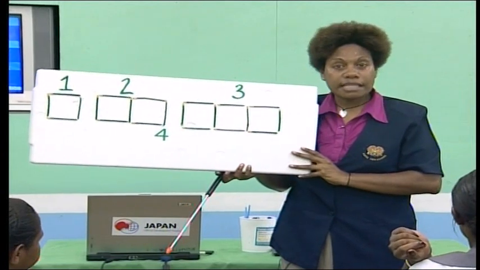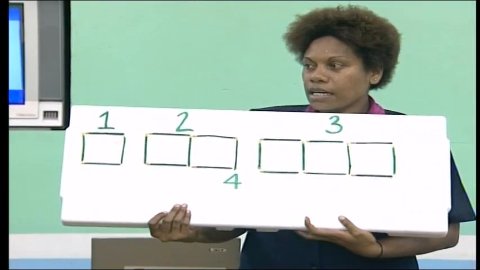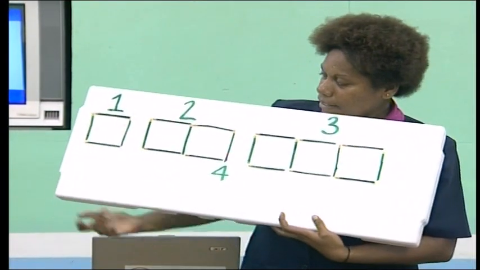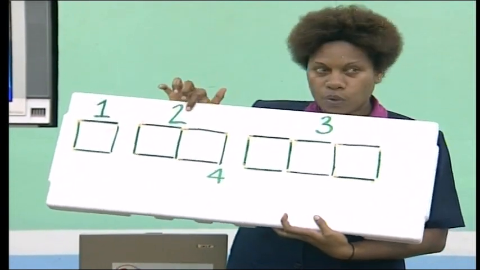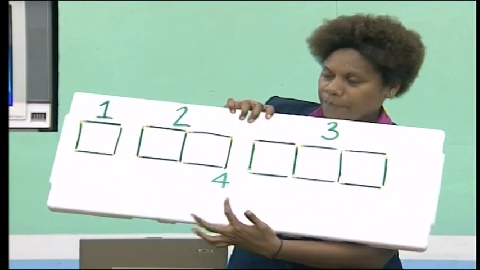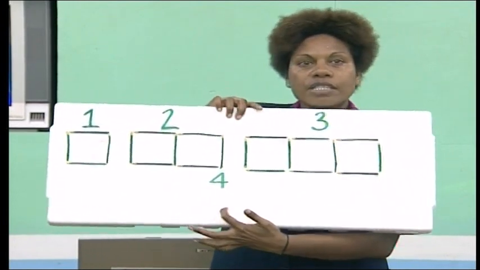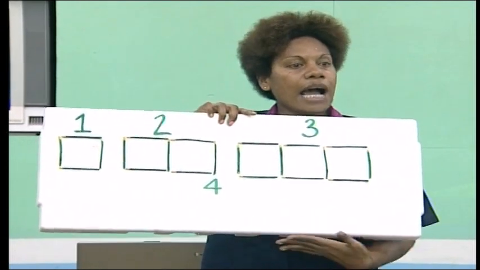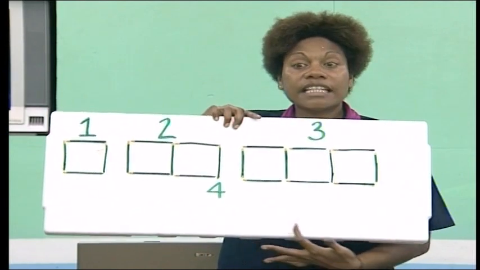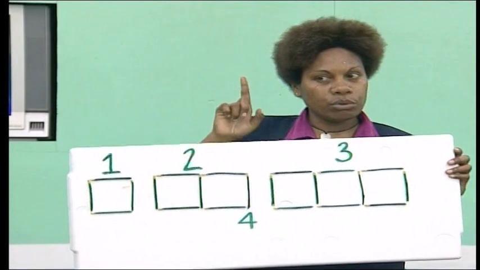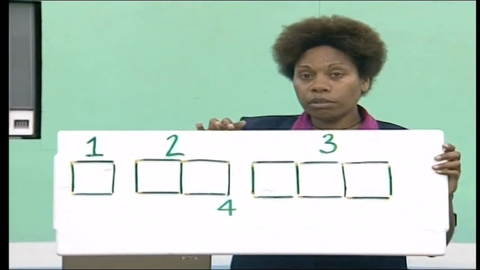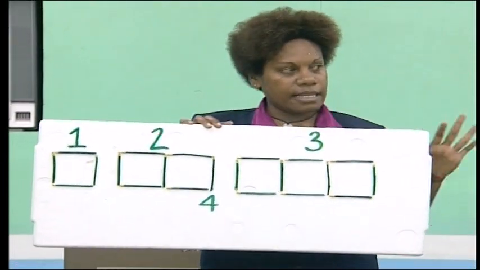Okay, receiving students and 7Es, how many sticks will the next pattern have? Here we have pattern 1, pattern 2, pattern 3, and pattern 4. You already know the rule for this pattern.